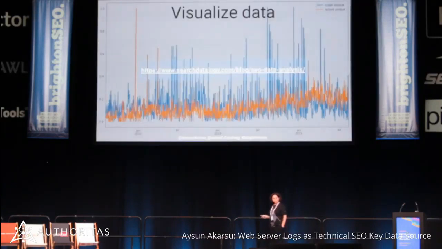And once you store the data, you need exploratory data analysis. You need to visualize data. On this slide, we are seeing 3 years of crawl and active pages data on a site. The data is scaled.